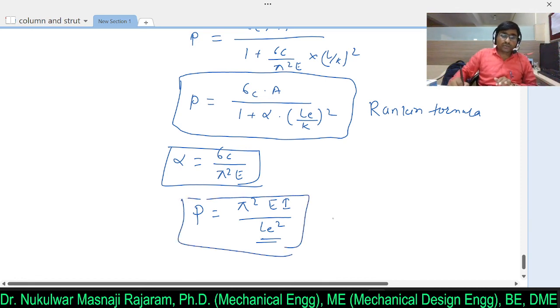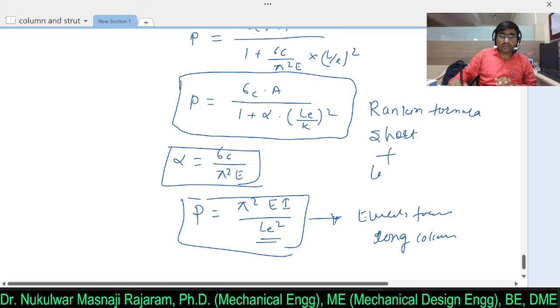Simple. Now this Euler's formula is used only for long columns, but the Rankine formula is applicable for short columns along with long columns. Clear.